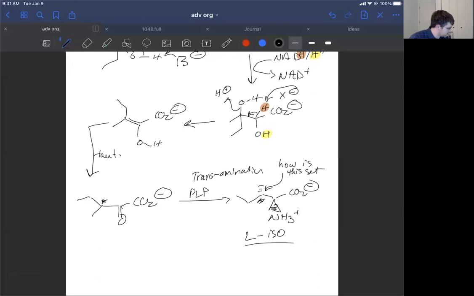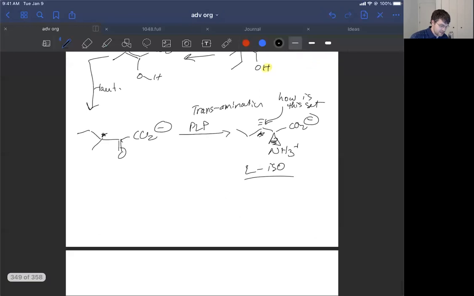Okay, so if we want to make valine, we can do pretty much the same reaction, except we don't have to worry about that second stereocenter. So valine, we're going to proceed with the same early reaction where we have our TPP cofactor.